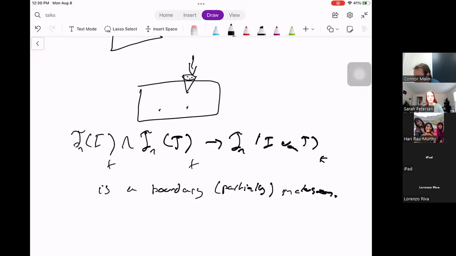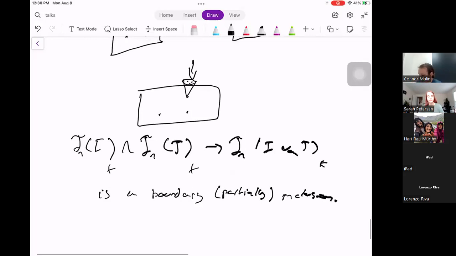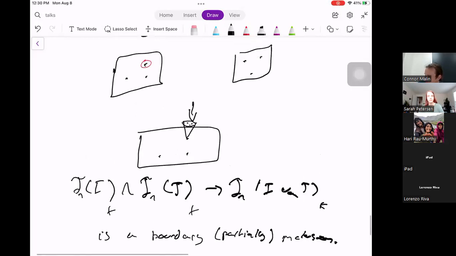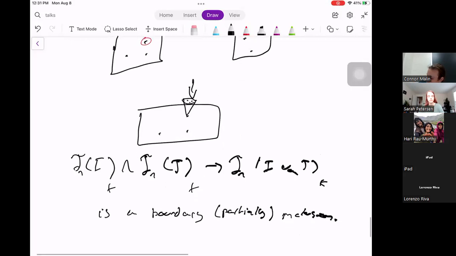And that's what makes this operad so well behaved, homotopy theoretically, that the operad composition maps actually end up being inclusions of the boundary.